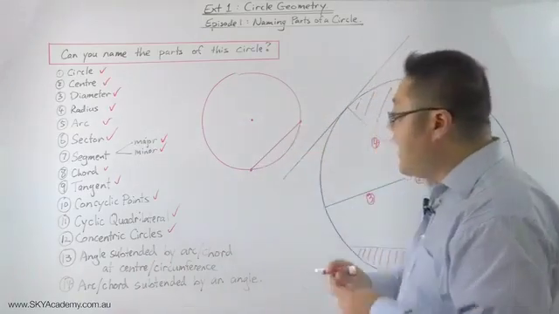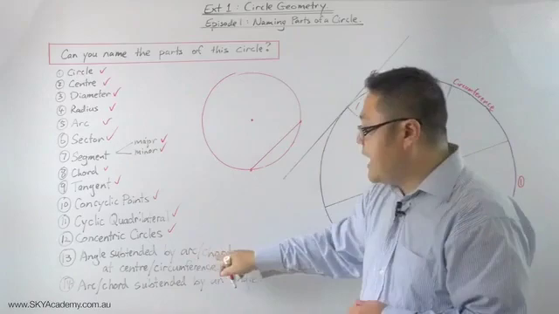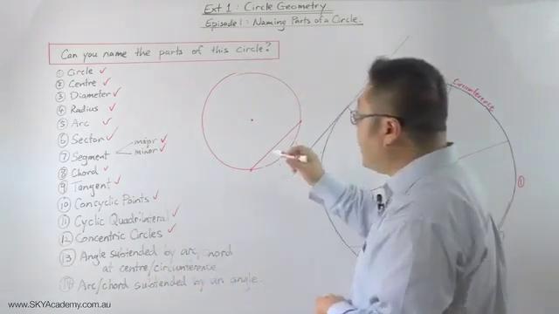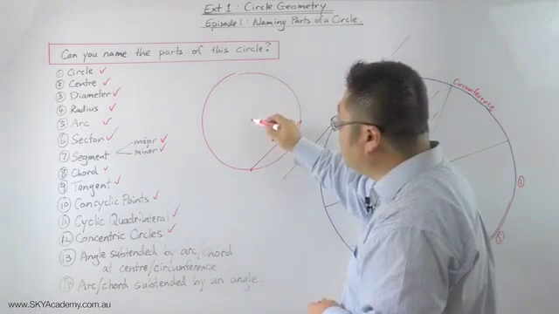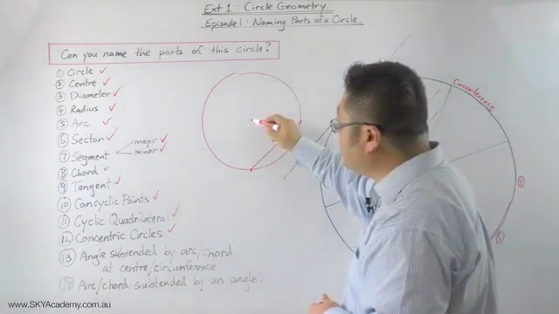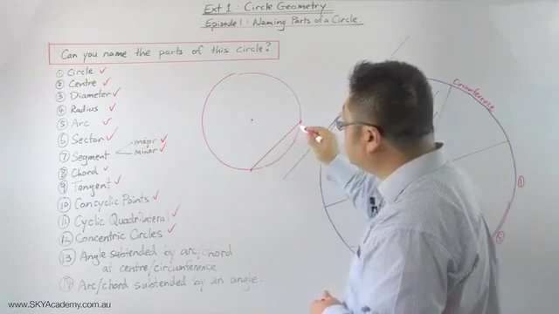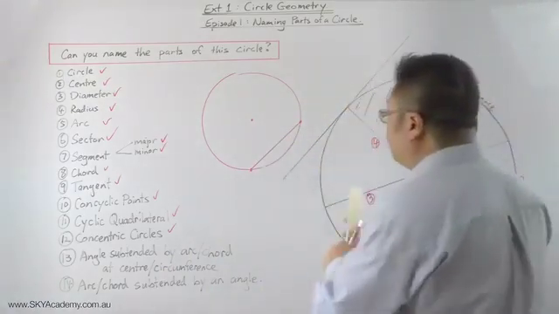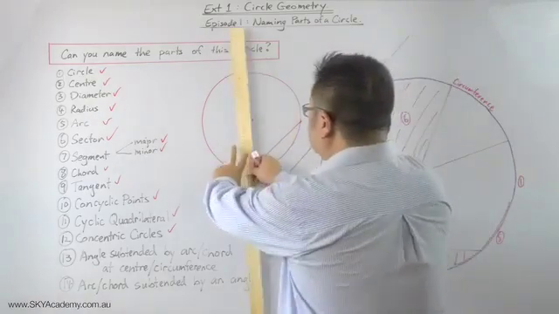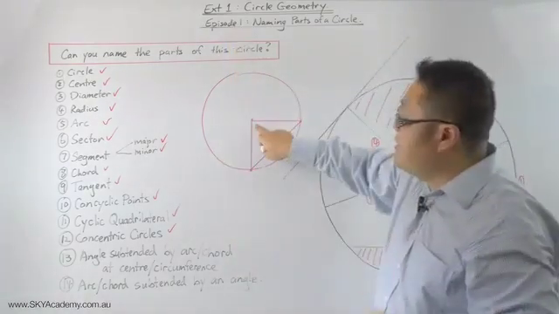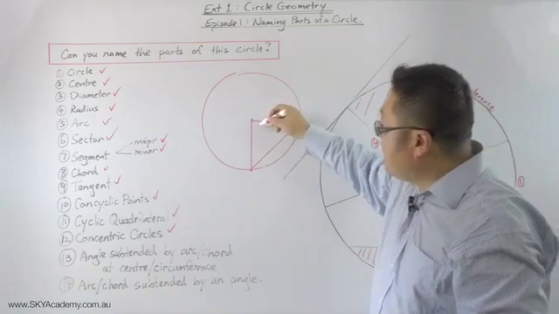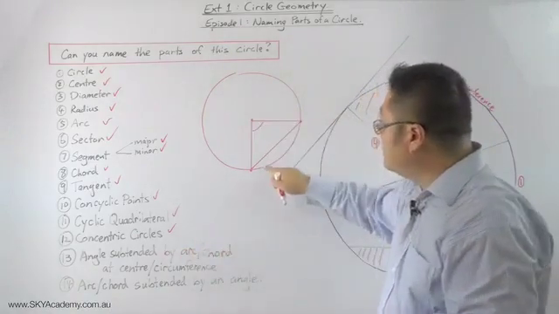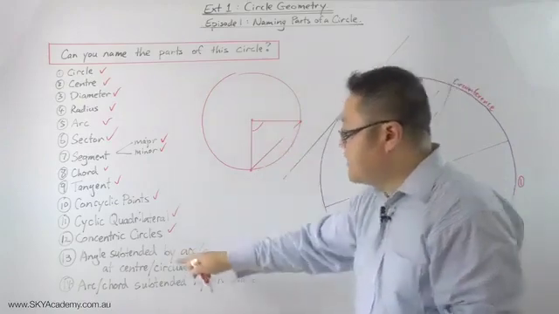An angle subtended by the arc or the chord at the center is an angle where you join the point from the center to each of the points at the end of that chord or that arc. So this angle there is your angle subtended by the arc or the chord. This is your arc, this is your chord at the center.